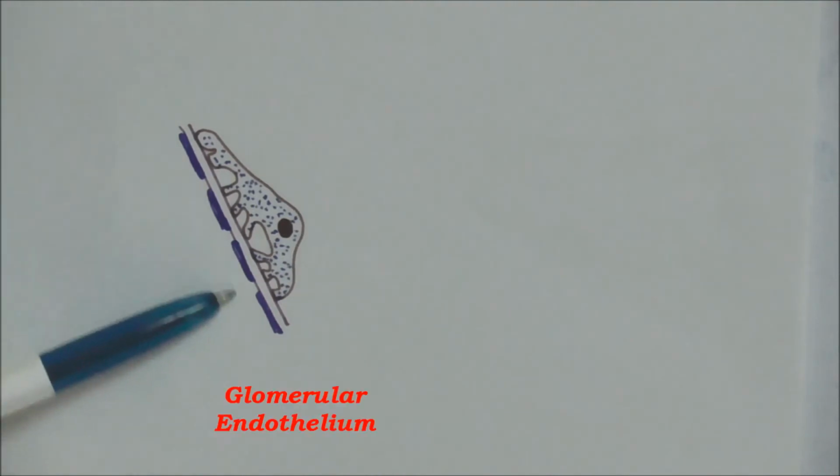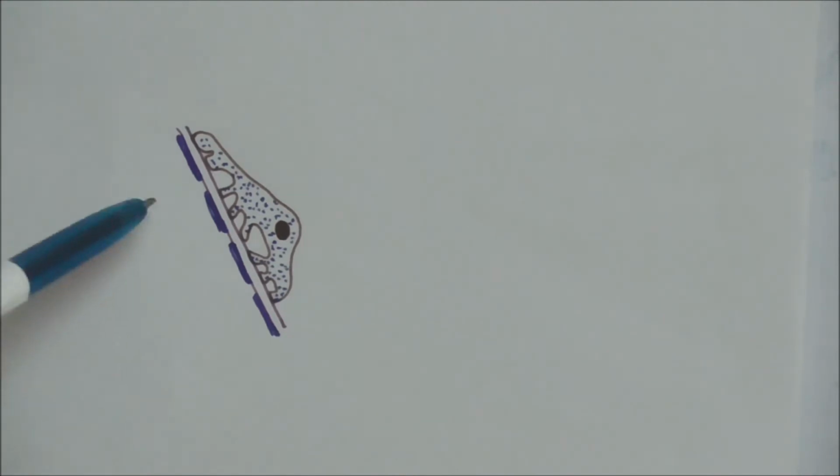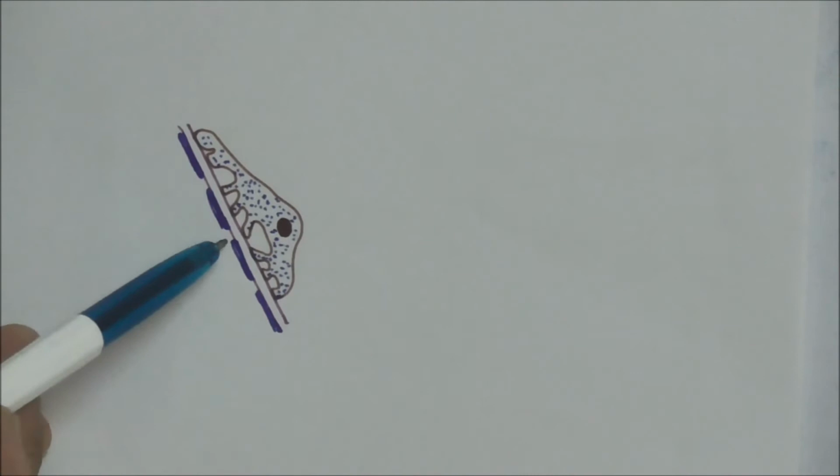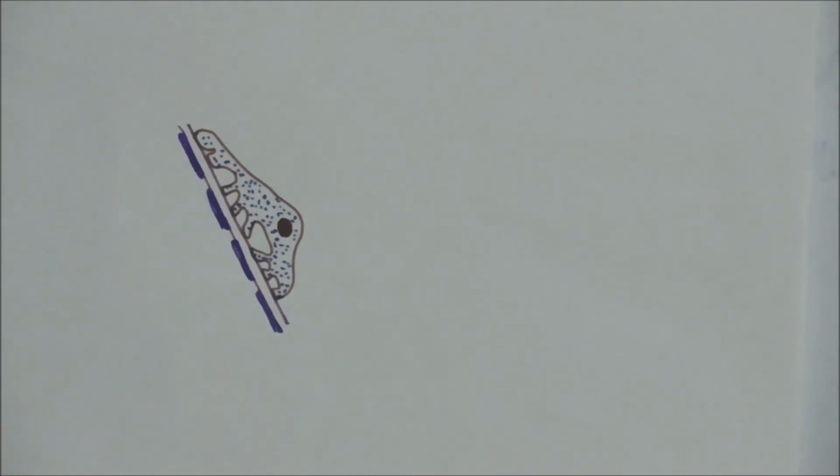And what you are seeing here is the endothelial covering of the glomerular capillaries. Now, the unique feature of this endothelial covering is that it has fine openings in between. These are called fenestrae, fenestral pores or fenestral cavities.